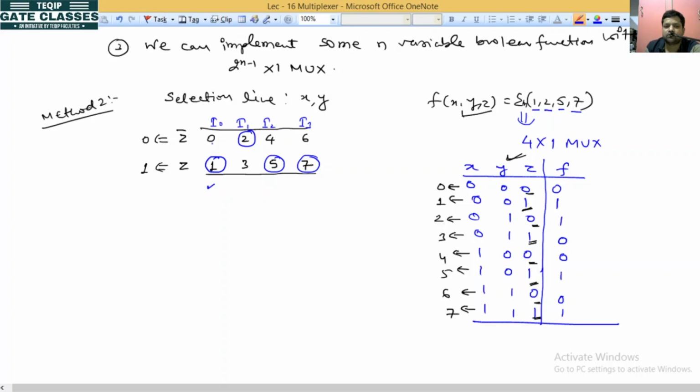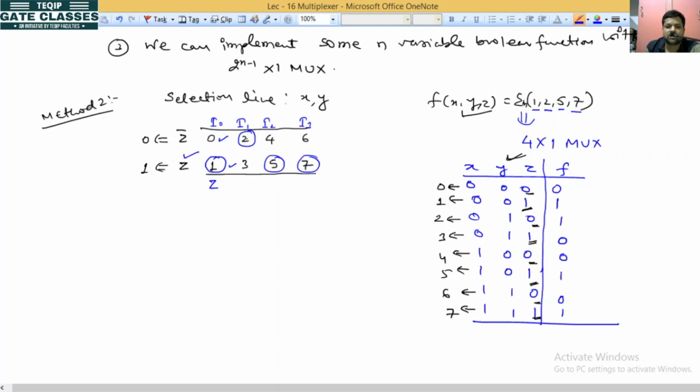If only one is circled, then write the corresponding variable here. So write this. Here we have two values, 0 and 1, and one is circled. So write here the corresponding variable of this circle. Which variable is here corresponding to this circle? That is z. So put z here.